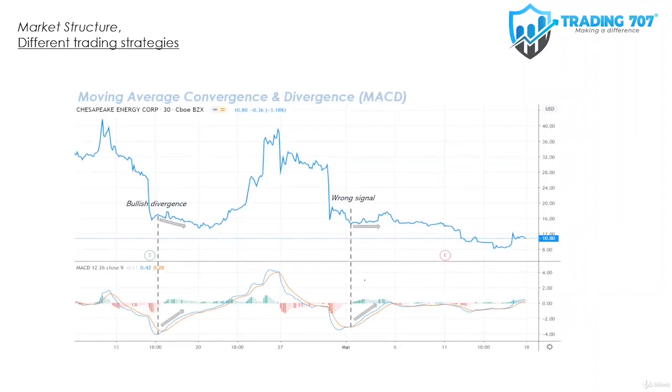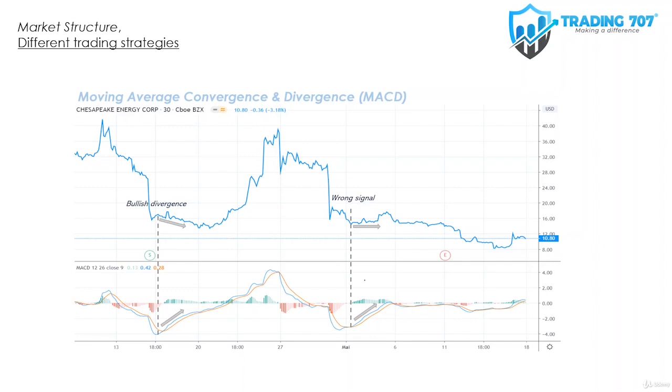The first striking difference of this indicator is that it is composed of three elements: the blue curve, which represents the MACD value line, the orange curve, which represents the MACD signal line, and a histogram. First, let's understand how these different elements are shaped. The MACD value line corresponds to the difference between the exponential moving average set up in the medium term, thus 12 periods, and the exponential moving average set up in the long term, thus 26 periods.